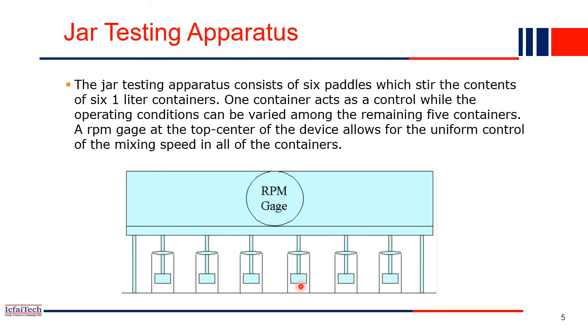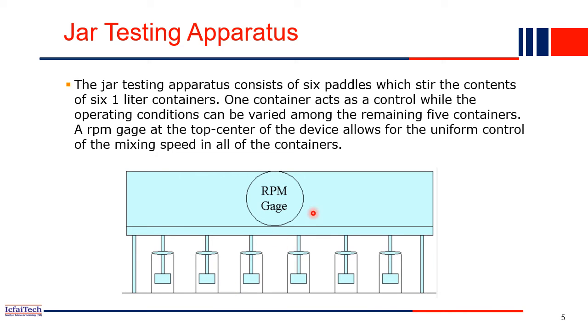Using this paddle, we can make the destabilization and the rapid mixing. All can have a different speed, or maybe the same speed. Depending on our experiment, we choose the speed of this paddle, and then we notice which container deposits more quantity of particles.